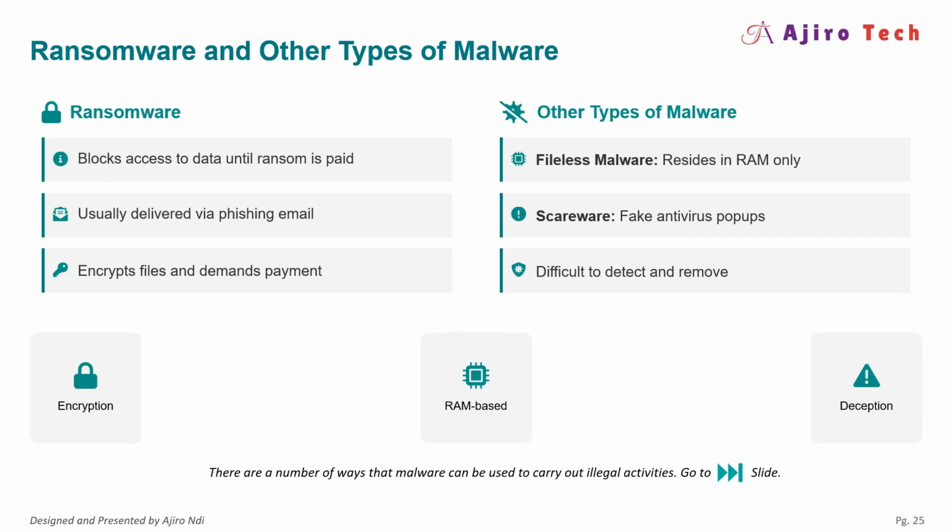There are other types of malware. For example, the fileless malware is a type of malware. I've talked about this one. The ransomware does the encryption, and then the fileless malware is the RAM based. Take note of that.